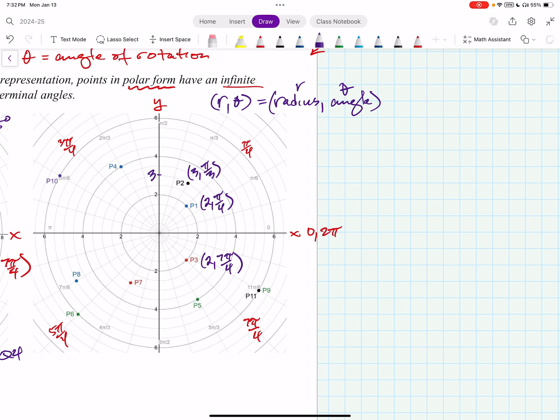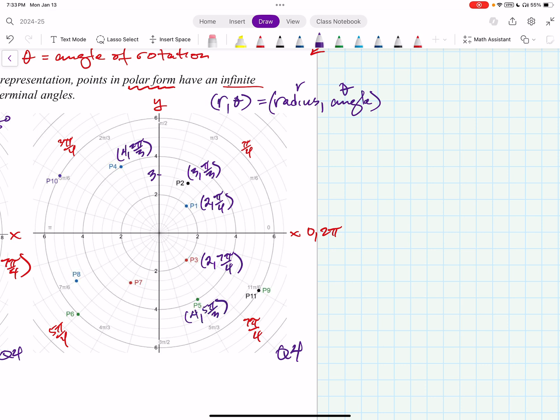Just keep that in mind. P4 is on the fourth circle at 2/3 pi radians, so 4 comma 2 pi thirds here, and you guys are probably working ahead of me like you usually are. P5, that's in quadrant 4 here, and P5 is on the fourth circle, so it's 4 comma 5/3 pi.